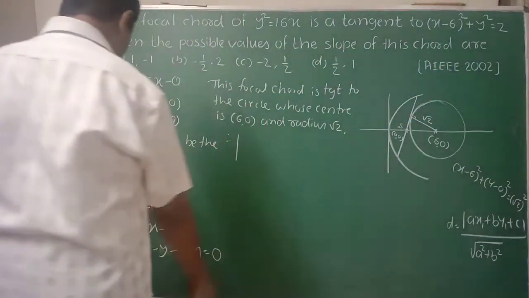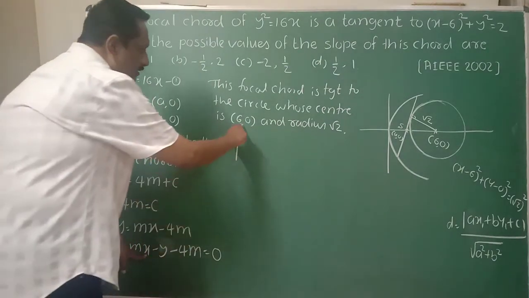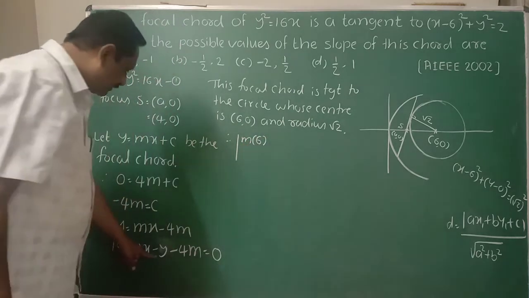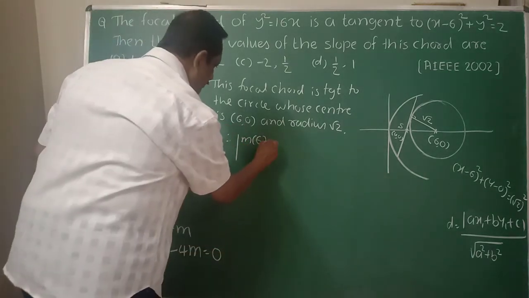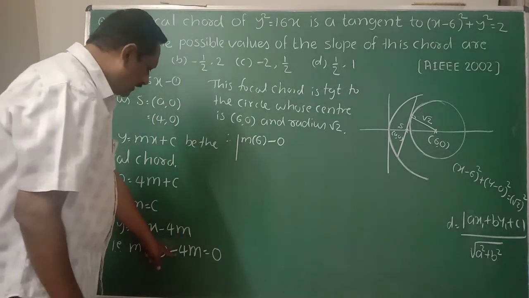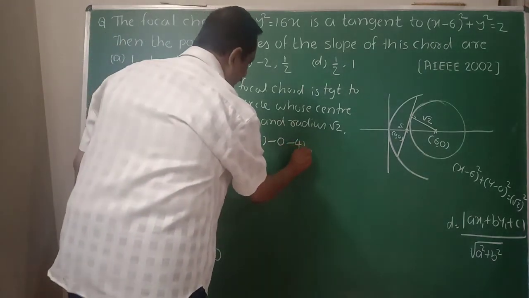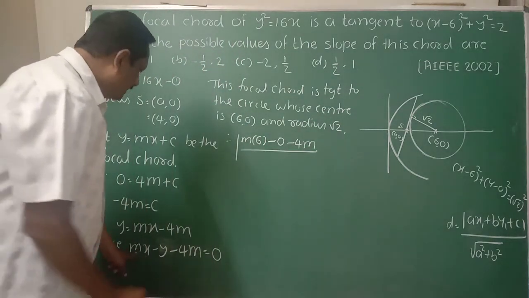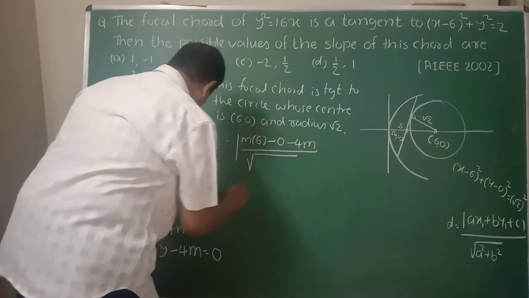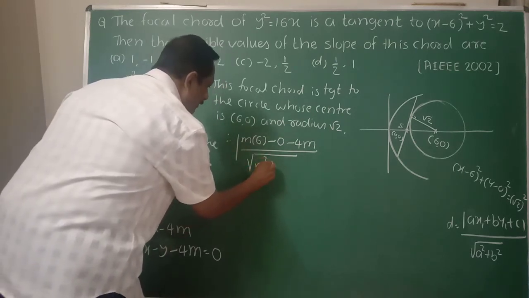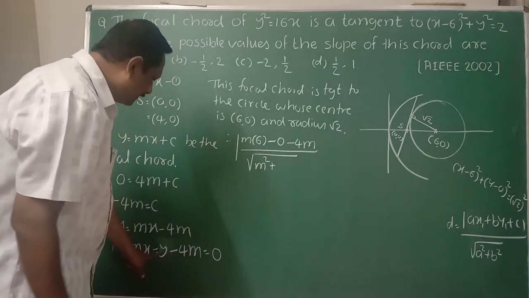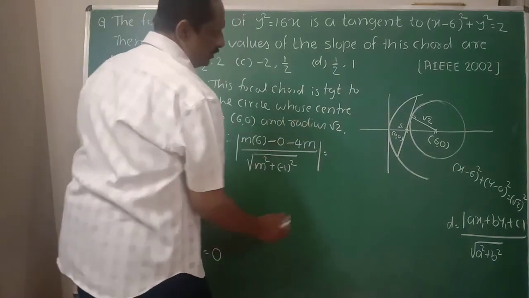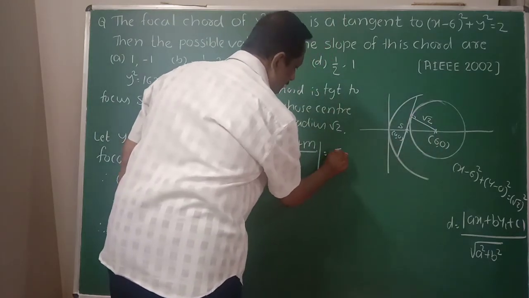Put x equal to 6, so m into 6, then substitute y equal to 0, then minus 4m, divided by the square root of m² plus the y coefficient (−1) squared, equal to the radius √2.